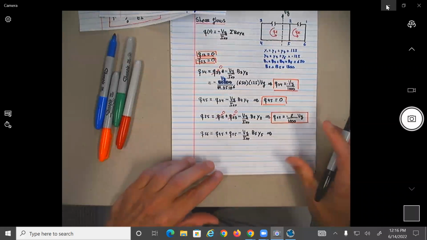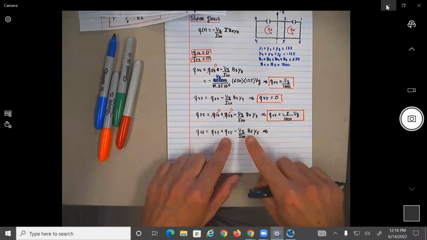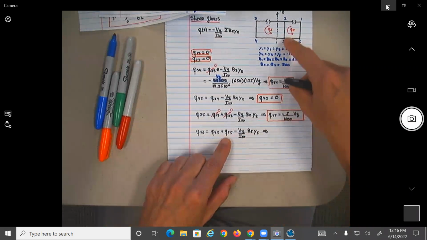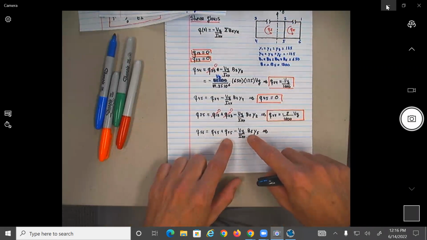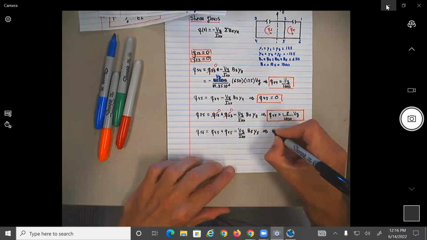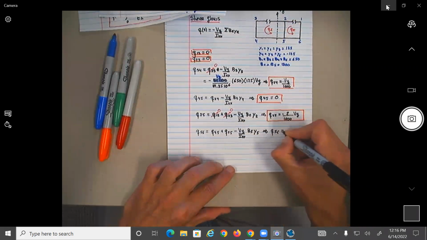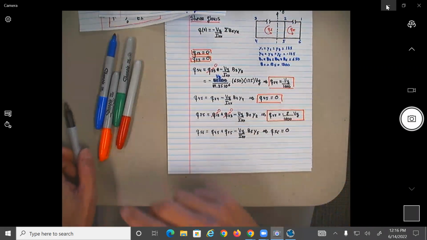What should we get? I let you do the calculation, but B5 is the same as the B2 we just calculated, no? B2 equal B5, but instead of Y equal to positive 125, it's negative 125. So this one is going to cancel this one, no? Yeah, okay. So we get Q56 equal to 0.